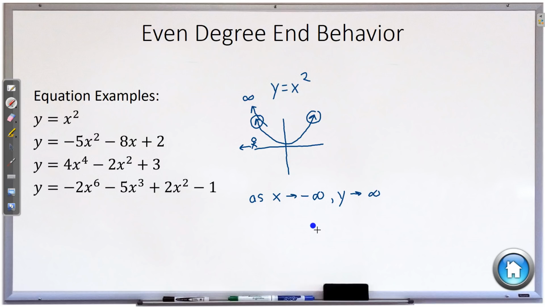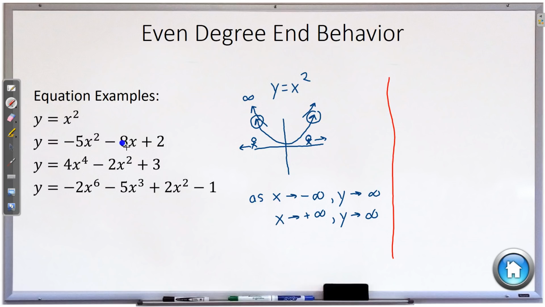They're going up. Now we think of our little person walking to the right. That means x is going towards positive infinity. What's happening to our y values? Again, our y values are going up and up forever, so our y values are going towards positive infinity. So we just described the end behavior of y equals x squared.